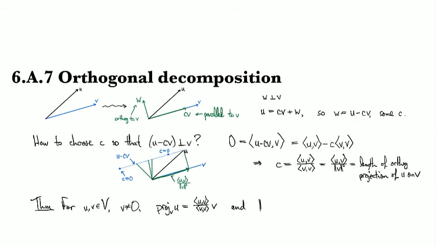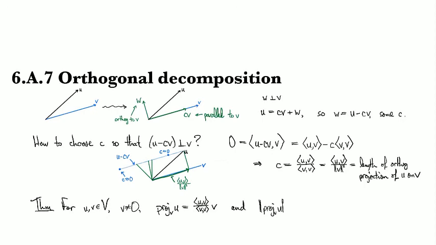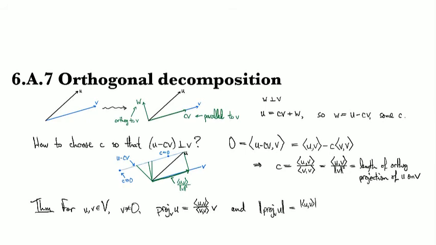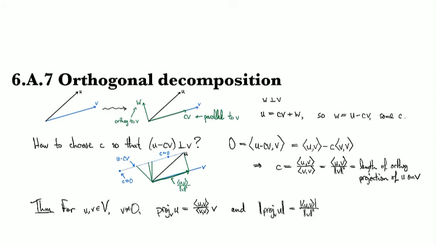The length of this guy, which is maybe redundant at this point because you could find it by taking the magnitude of the thing in the previous step, is the magnitude of inner product uv over norm v squared.